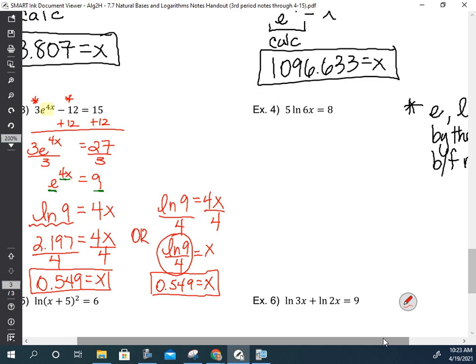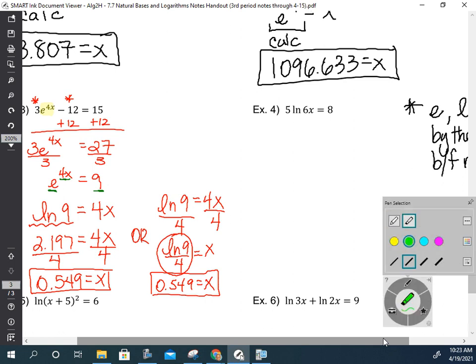All right, example 4. Same situation. 5 natural log of 6x equals 8. So natural log, ln, can't exist by itself. It's got to have something to pair off with it. So that's what the 6x is for.